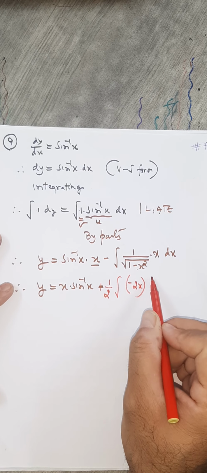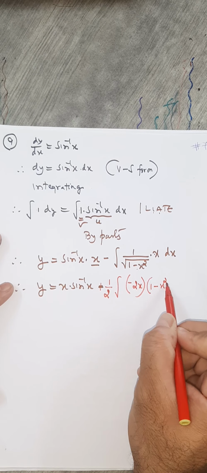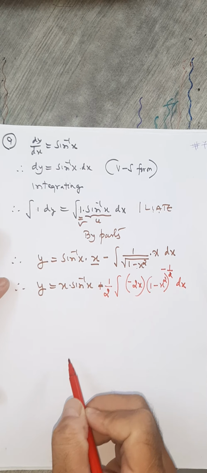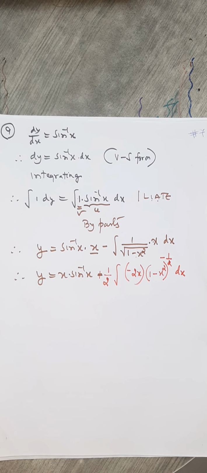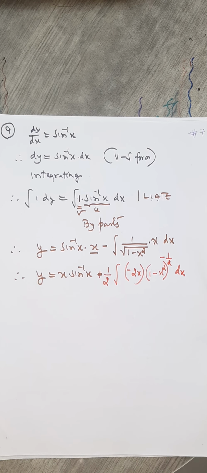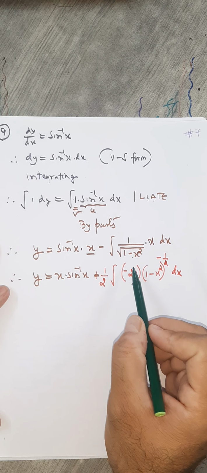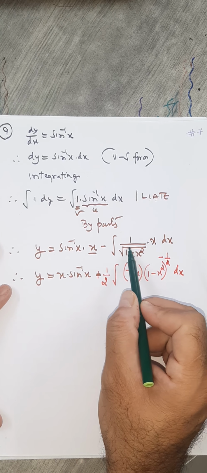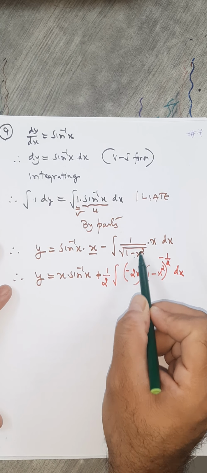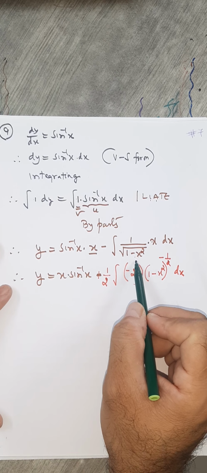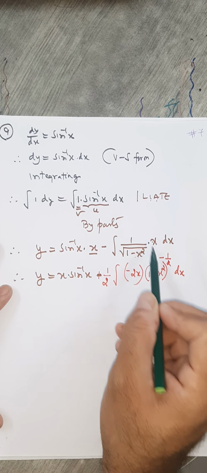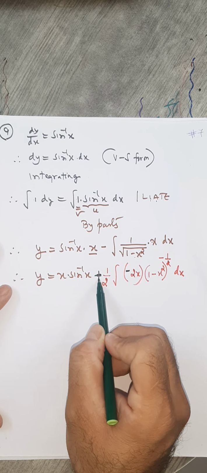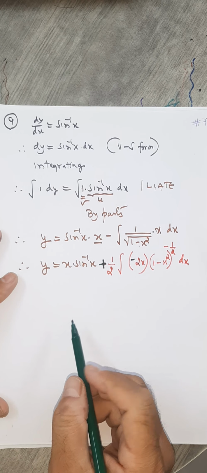And here I'll write 1 minus x square, इसको ऊपर ले लो, raised to minus 1 by 2 dx. अब t लेके भी कर सकते हैं, remember, but I'll use here one of the formula if you remember. What I did here, this is linear upon quadratic. What is the derivative of this quadratic? Minus 2x. So what I did, a minus को अंदर ले लिया, minus multiplying with 2 dividing with 2, so ये हो गया plus. Clear?